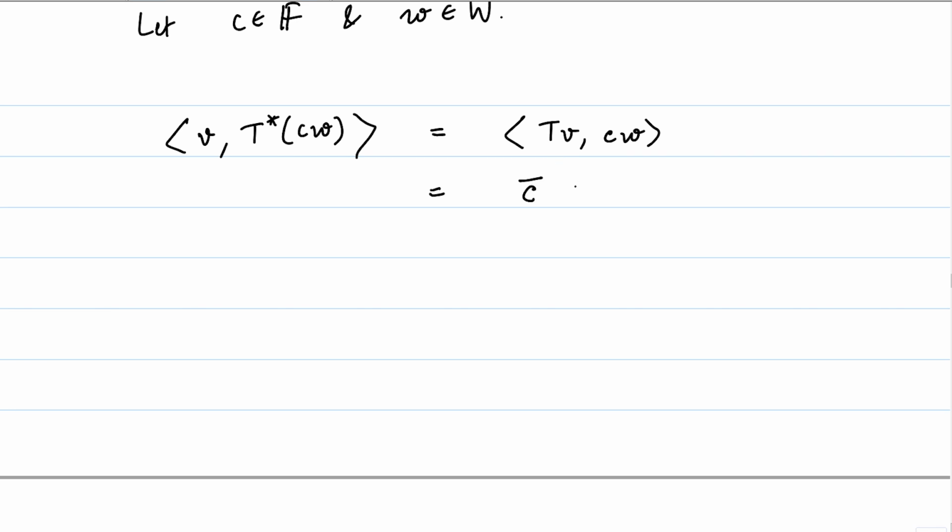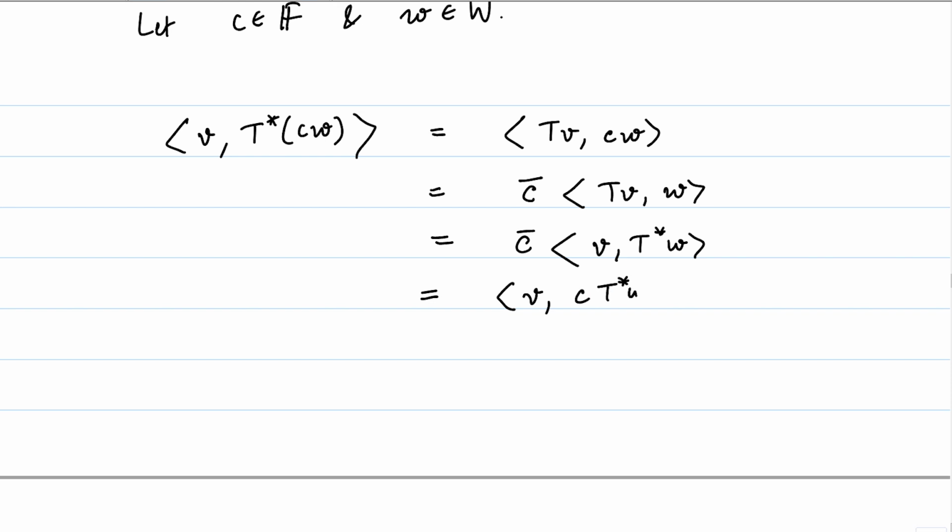So this is going to be C bar times the inner product of TV with W, which by definition is the inner product of V with T star W. This is the very definition of the adjoint, and therefore, using the properties of the inner product in V, this is the inner product of V with C times T star of W.